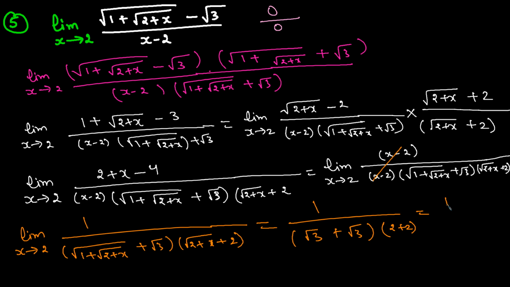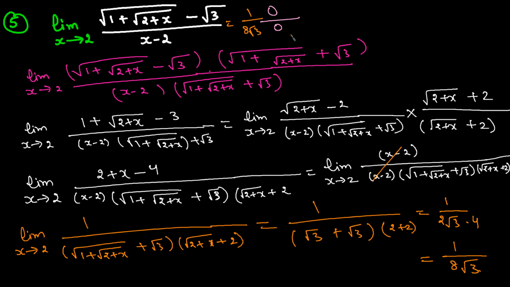So this part gives me 1 over 2 square root of 3 into 4, which can be simplified into 1 over 8 square root of 3. So the limit of this function when x approaches 2 is equal to 1 over 8 square root of 3.